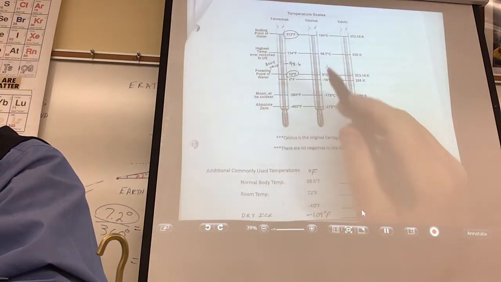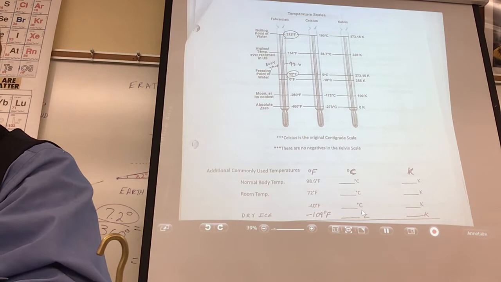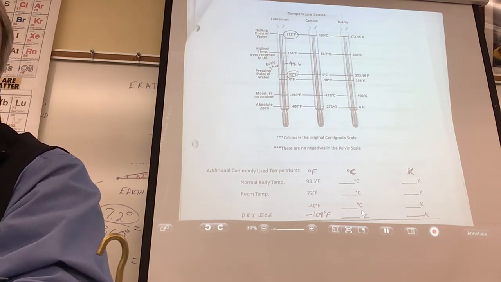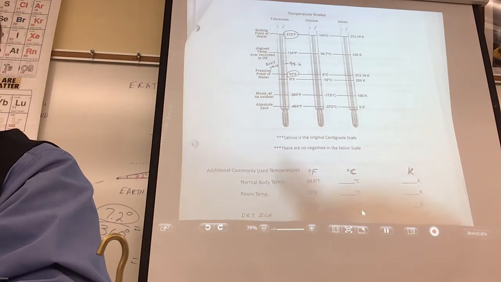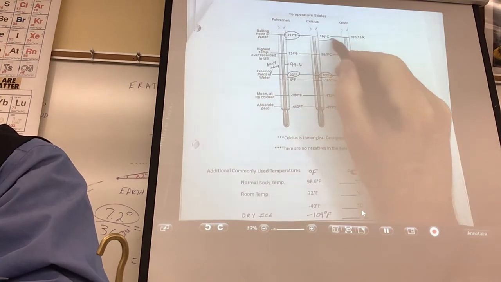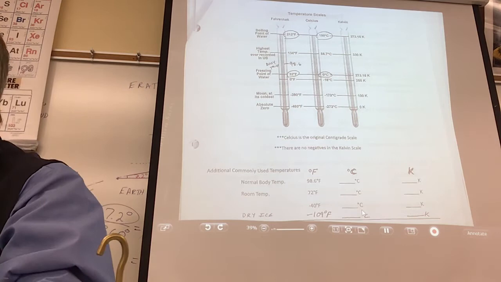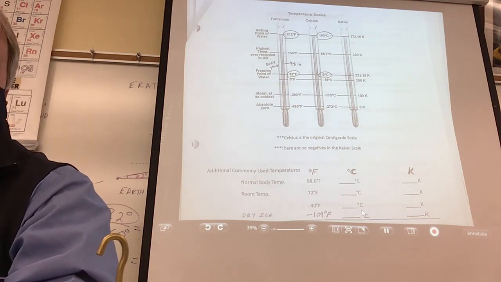All right, let's go to the next one. When they made the metric system, they wanted to have a temperature scale that was also based on powers of 10. And if you think about it, this is pretty smart. They thought that water was a very important material. Even in the laboratory, water freezing and water boiling, those were two big important events.